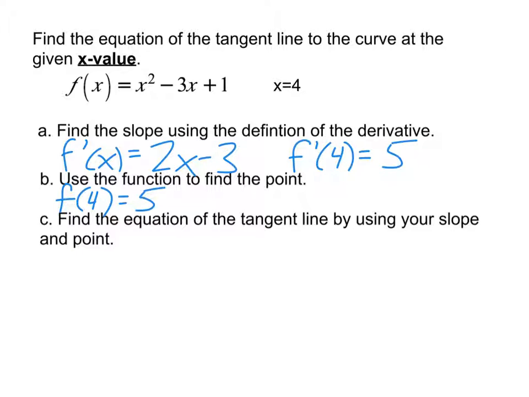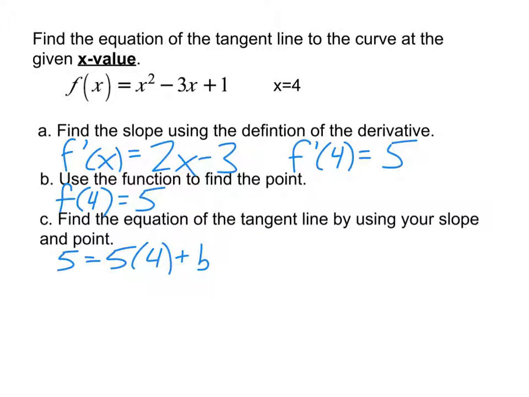So then, in order to find my equation of my tangent line, I am going to go y equals mx plus b. And so notice that y was the f of 4 value that I found. Slope was the derivative.